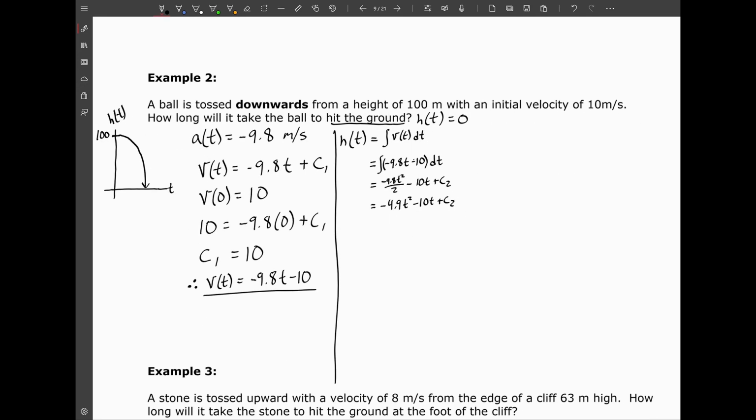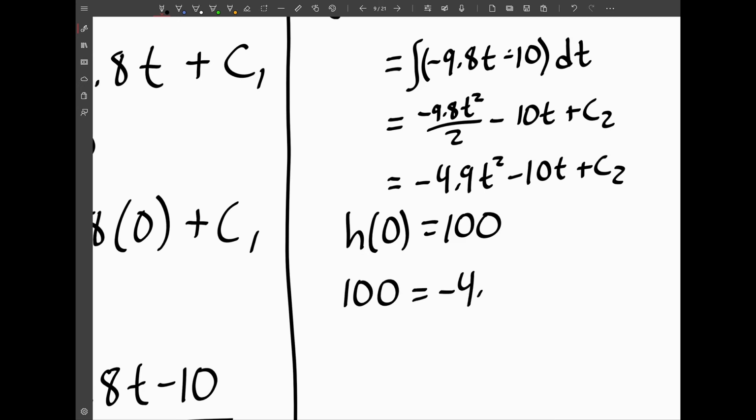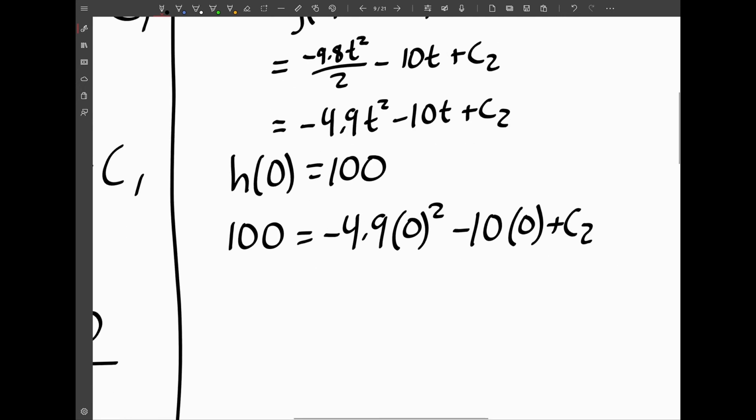We need to solve for C2, but we do have an initial condition. We know that when time is 0, we're at 100 meters above the ground. So we can say that h of 0 is equal to 100. Therefore, 100 is equal to negative 4.9 times 0 squared, minus 10 times 0, plus C2, which obviously means that C2 is 100.